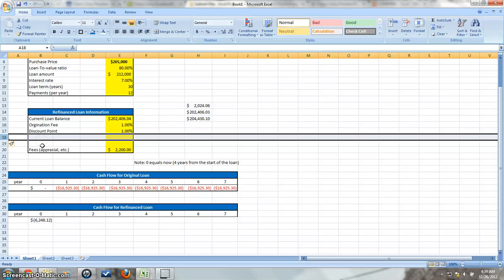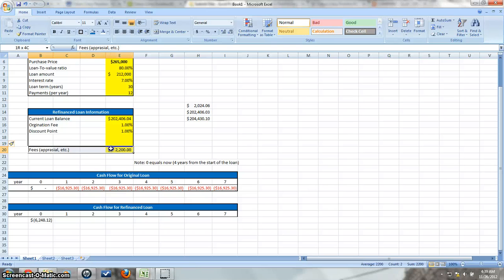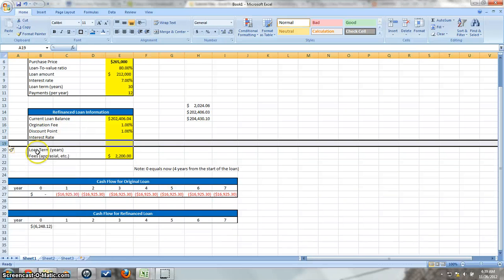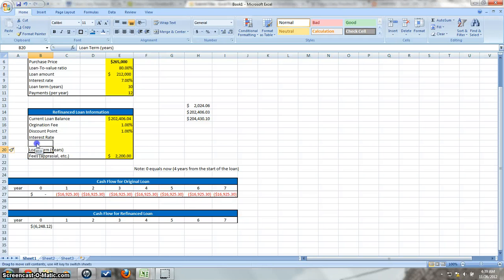And I'm going to add in the interest rate and loan term, add in the payments per year.